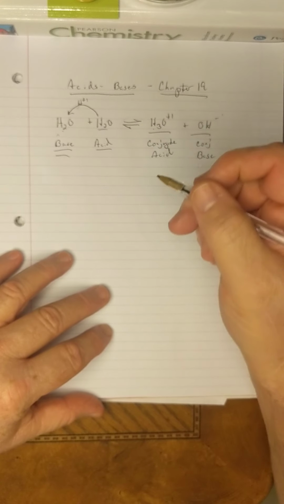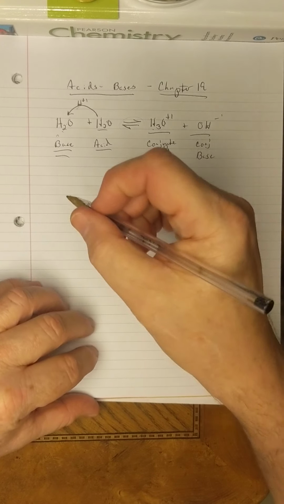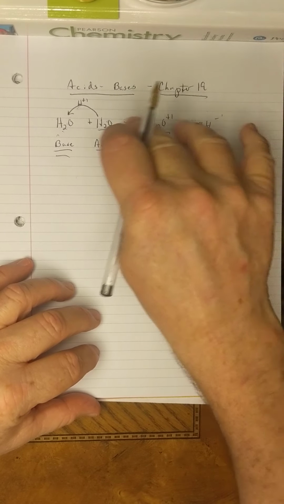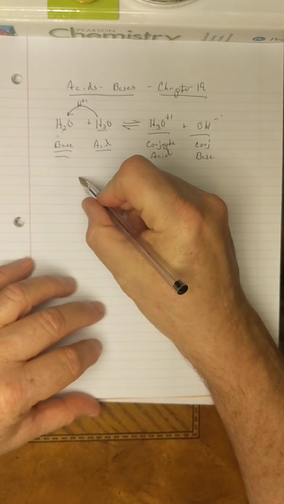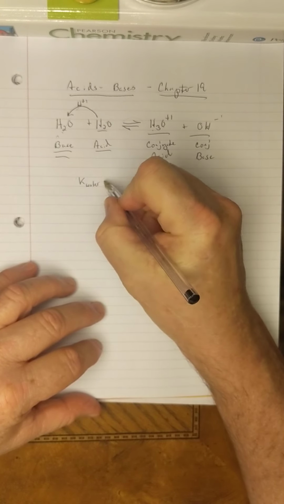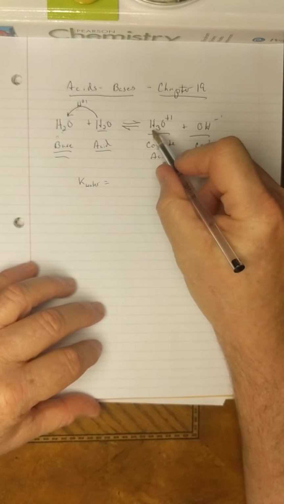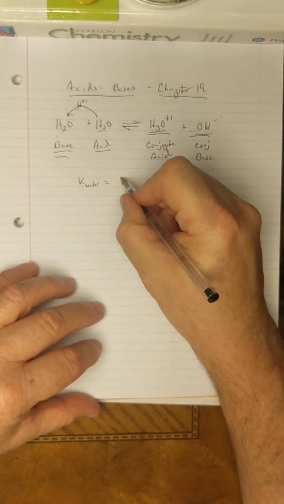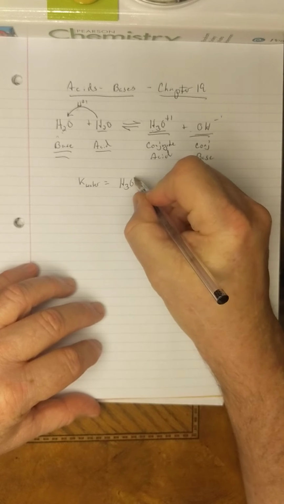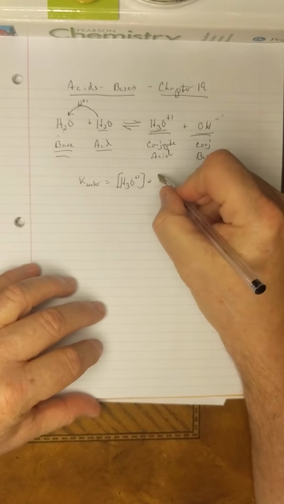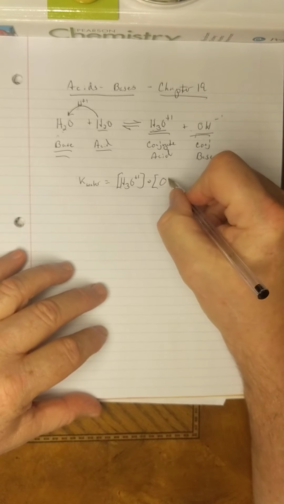Now, in an equilibrium, we're not really going to cover this, but we can define a ratio of the products over the reactants, and we call it a K. The K for water, you take the concentration of your two products, H3O, with brackets around it meaning concentration, and you multiply them times OH.